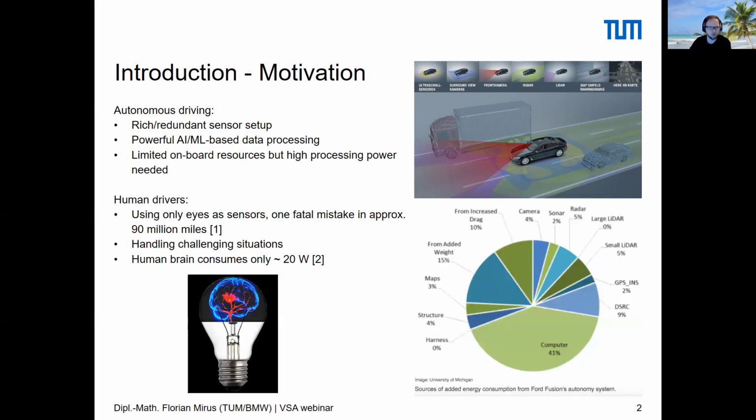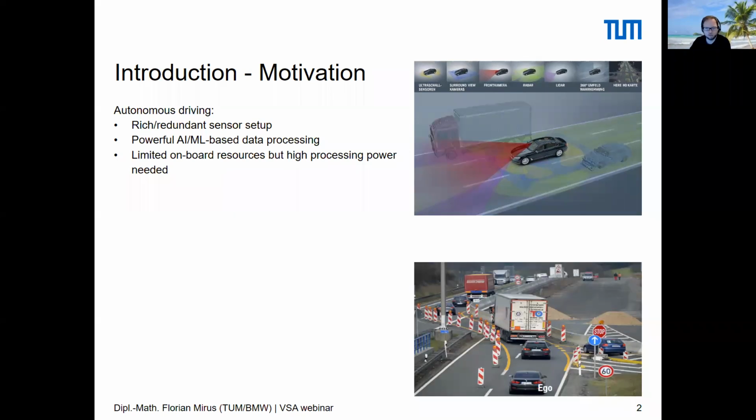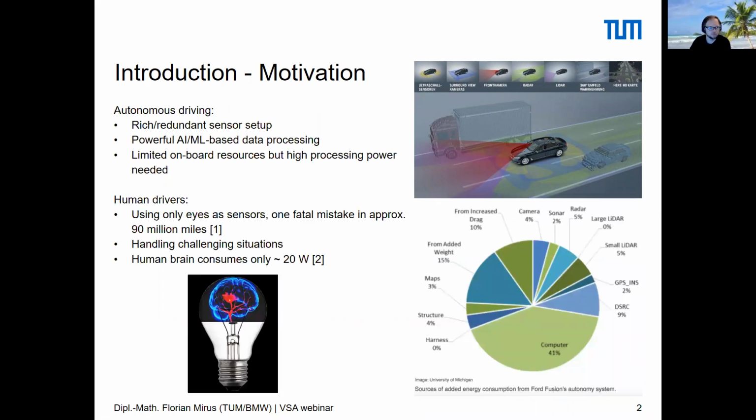And these modern autonomous vehicle prototypes are still struggling with challenging driving situations, such as the one shown here. In contrast, human drivers are able to tackle such situations by using only their eyes as sensors.